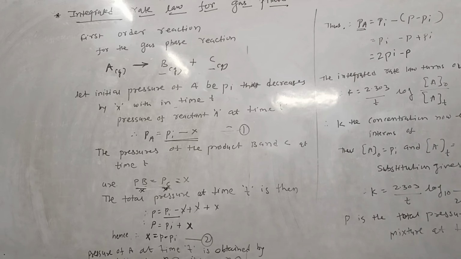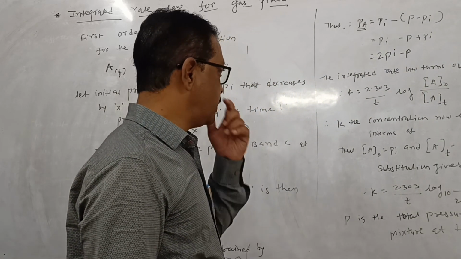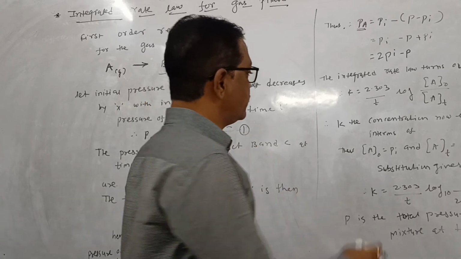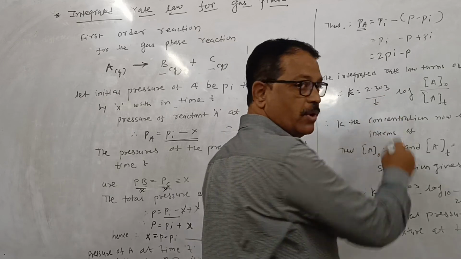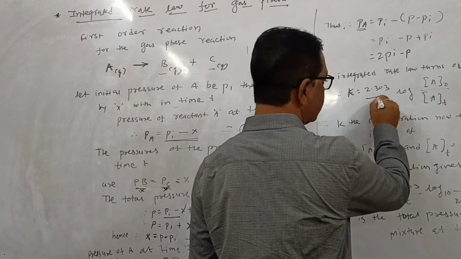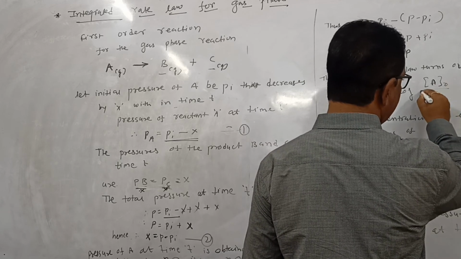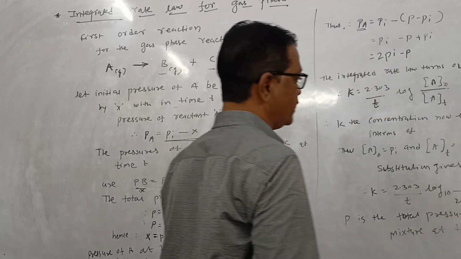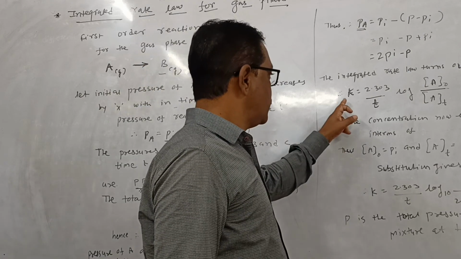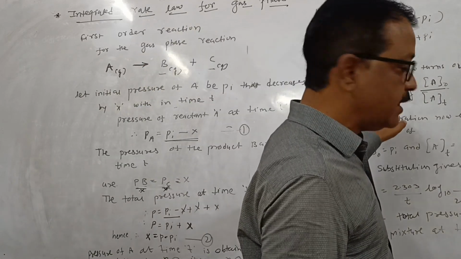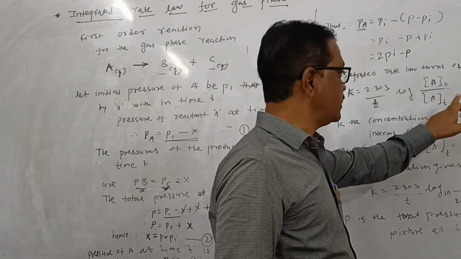Then the integrated rate law turns out to be, we know, k is equal to 2.303 upon t log concentration A0 upon concentration A at time t.